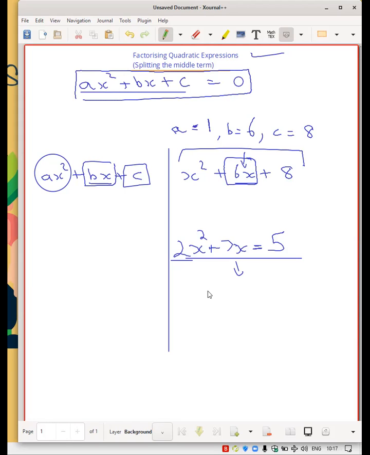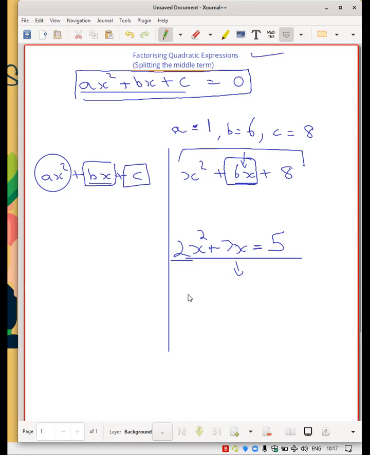Siddhant, unmute yourself. Tell me, how do I convert that to a quadratic equation? I want it in the format of ax squared plus bx plus c is equal to 0. I have this now: 2x squared plus 7x is equal to 5. How do I convert this into a quadratic equation?